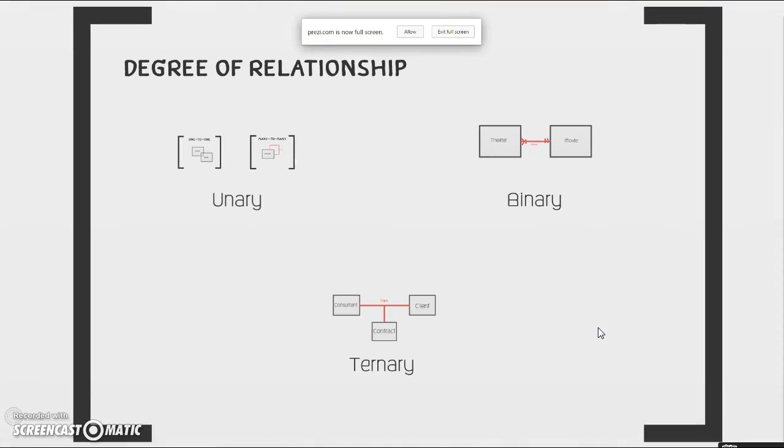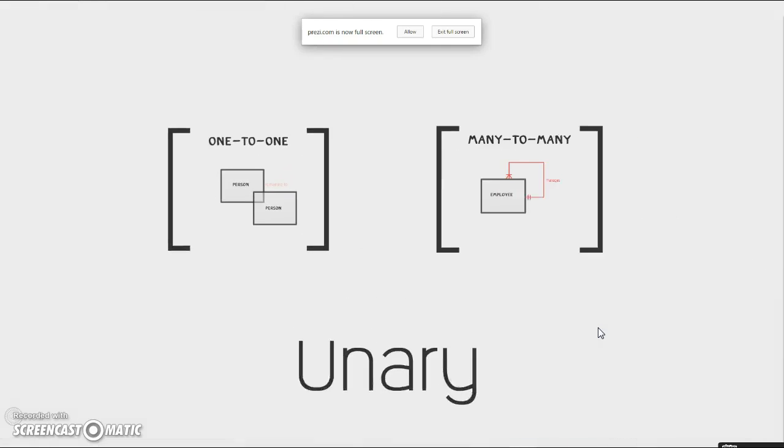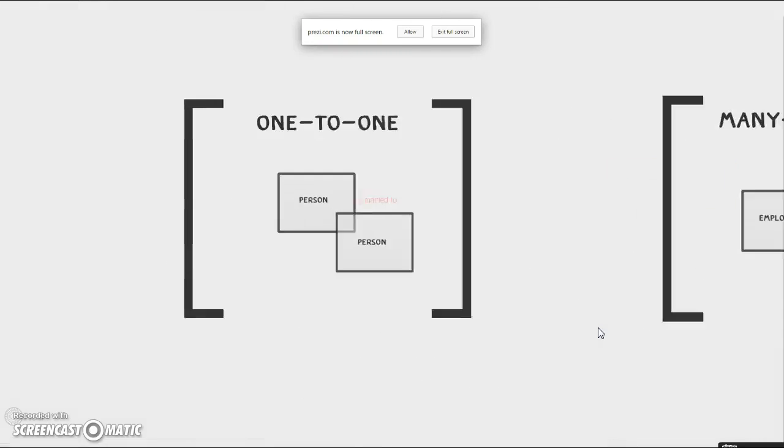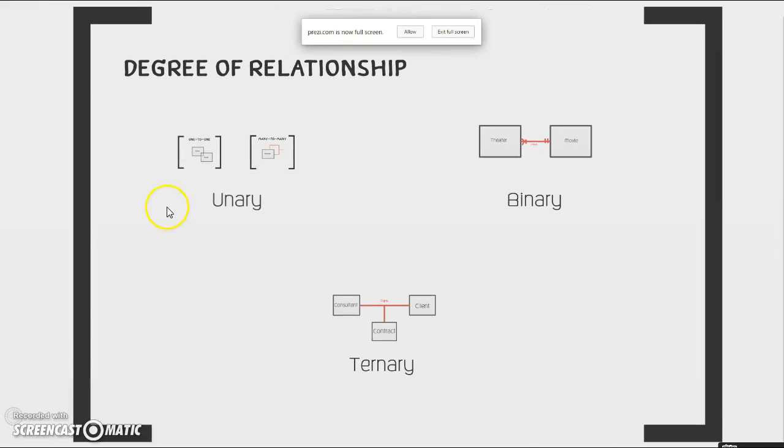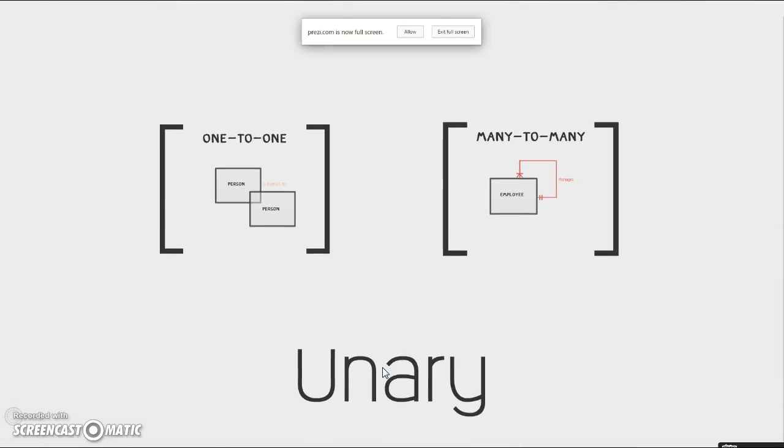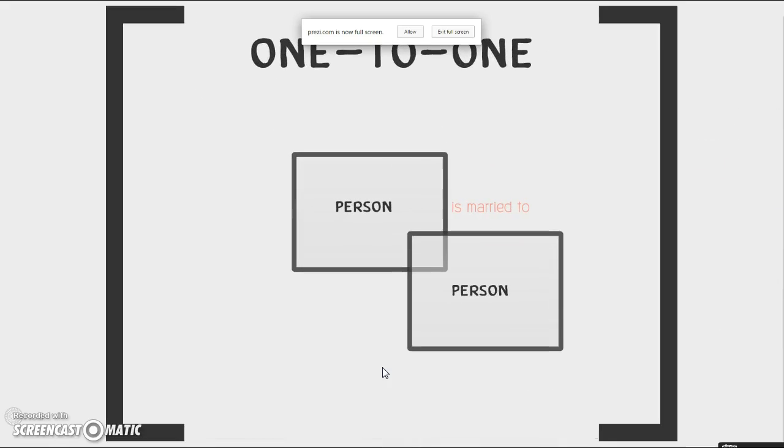So let's look at the degrees of a relationship. You have your unary, your binary, and your ternary relationships. Now there are two types of unary relationships. You have a one-to-one. So a person is married to another person.